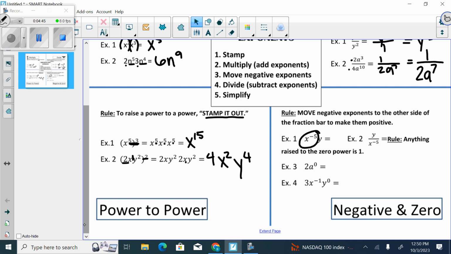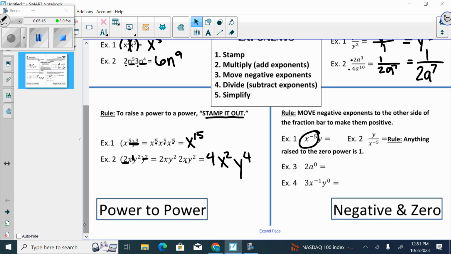I can move it across this line into the bottom, and it's going to turn it into a positive 5, okay? Or, if it was currently written like this, I could move it to the top and make it a positive, right? If you move it across the line, you can make it a positive, wherever it currently is. If it's in the top, move it to the bottom. If it's in the bottom, we move it to the top, because we don't like a negative exponent.